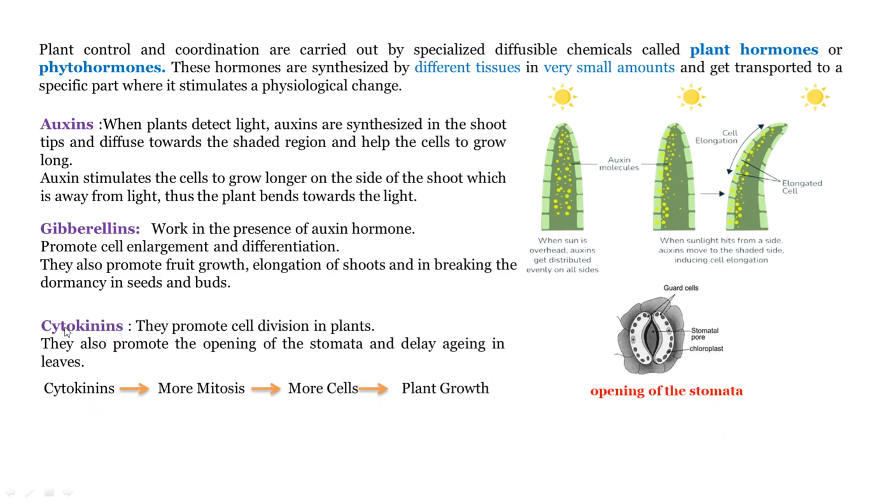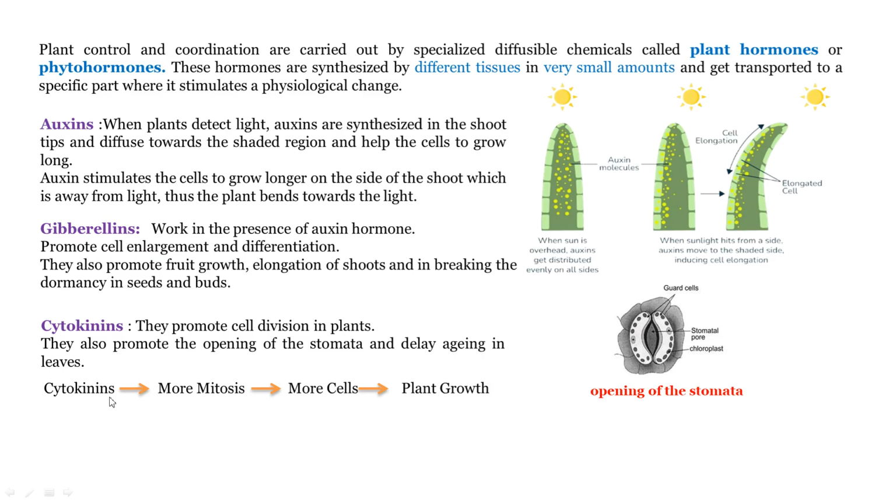Coming to the next hormone, cytokinins. They promote cell division in plants. They also help in opening of the stomata, and they delay aging in leaves. The leaves getting dried or aged is delayed because of cytokinins.